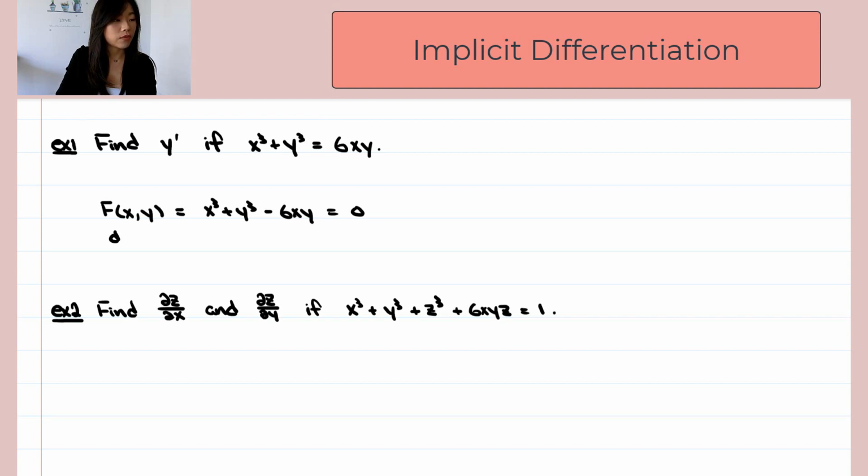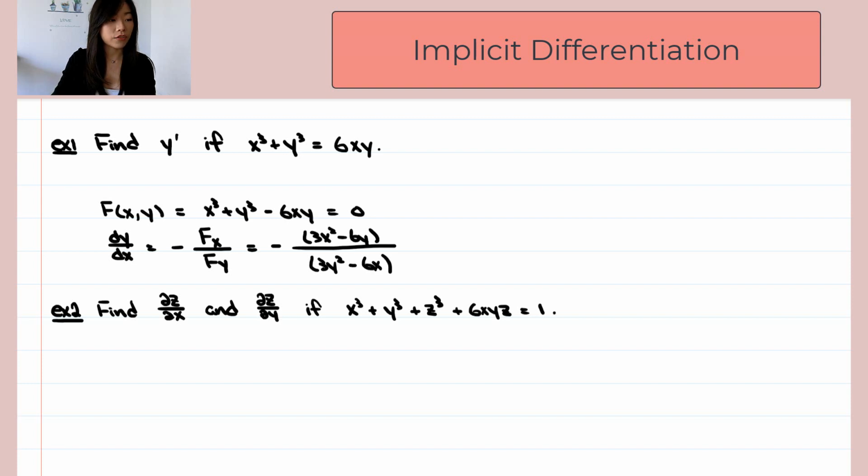So the derivative of y with respect to x would be the negative of the partial derivative of f with respect to x over the partial derivative of the function with respect to y. So this equals negative, in the numerator I have 3 times x squared minus 6y, then over f sub y, that is 3 times y squared minus 6x.